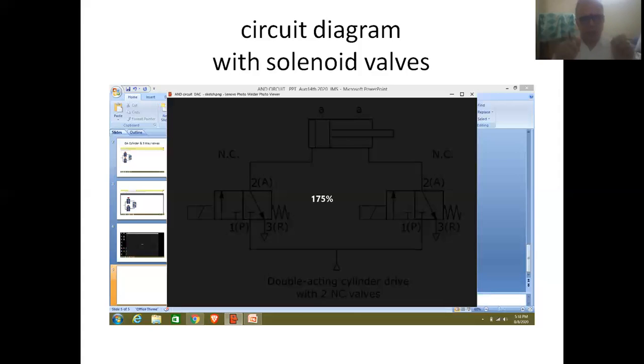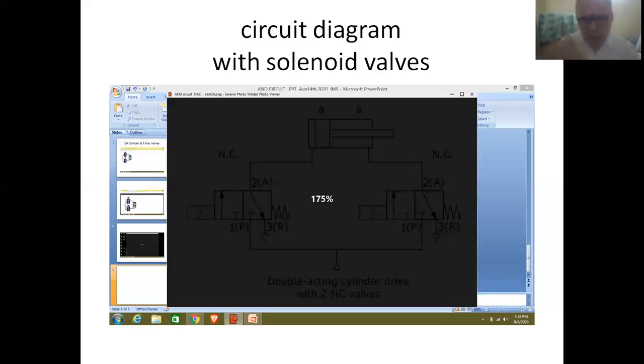And coming to valve positions, when the valve is in first position, inlet will be in contact with the outlet and the exhaust port will remain in closed position.